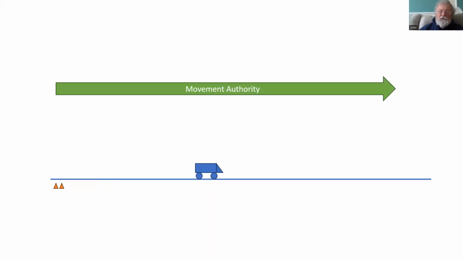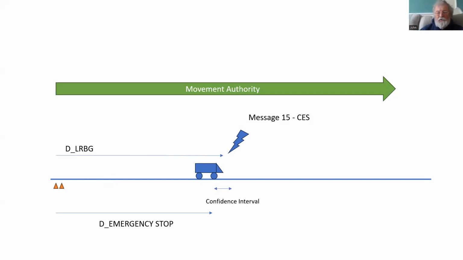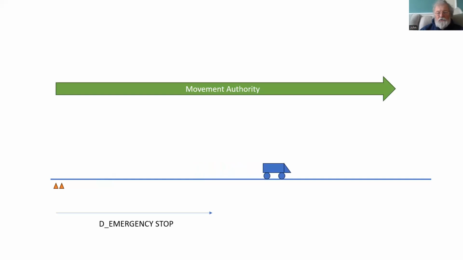If, however, the train is further through the route, then when the message 15 is received, again, the emergency stop distance is used to evaluate whether the train has already passed the emergency stop location. And in this case, the min safe front end is past D emergency stop. And so message 147, CES rejected, is sent back. And the train can proceed without being affected.